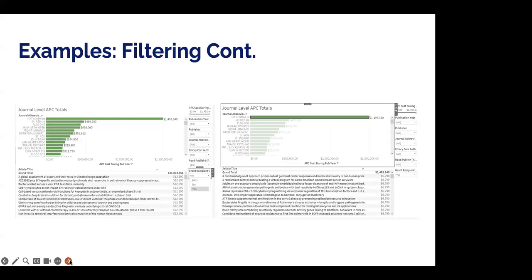You could select the bar itself at the top, and at the bottom you'll see the articles that comprise the spend related to that particular journal. Next slide.